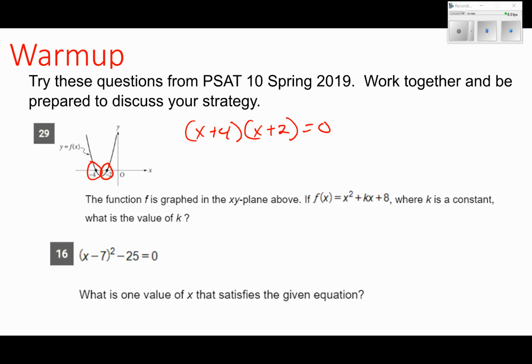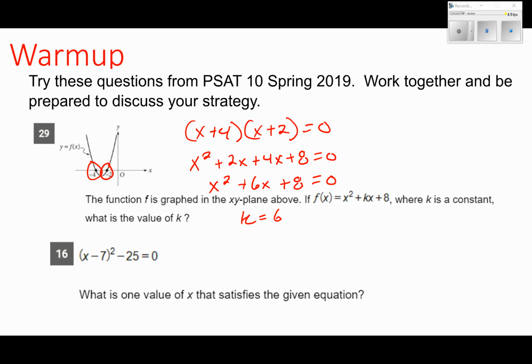So now if I were to FOIL, I would end up with x squared plus 2x plus 4x plus 8 equals 0. And so I end up with x squared plus 6x plus 8 equals 0. So therefore, k had to be equal to 6.